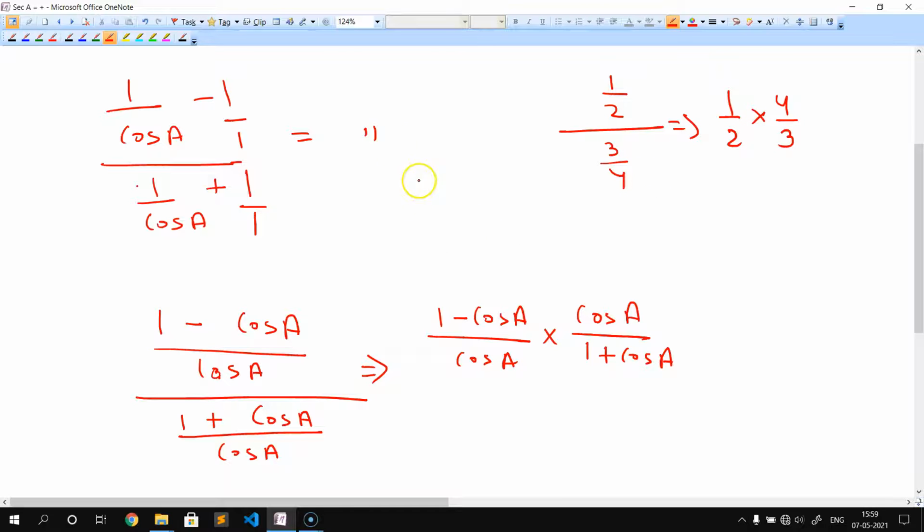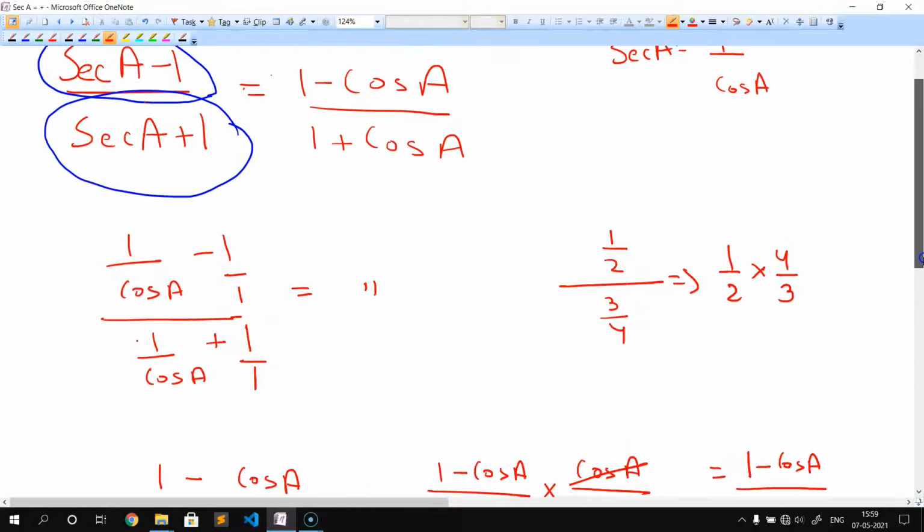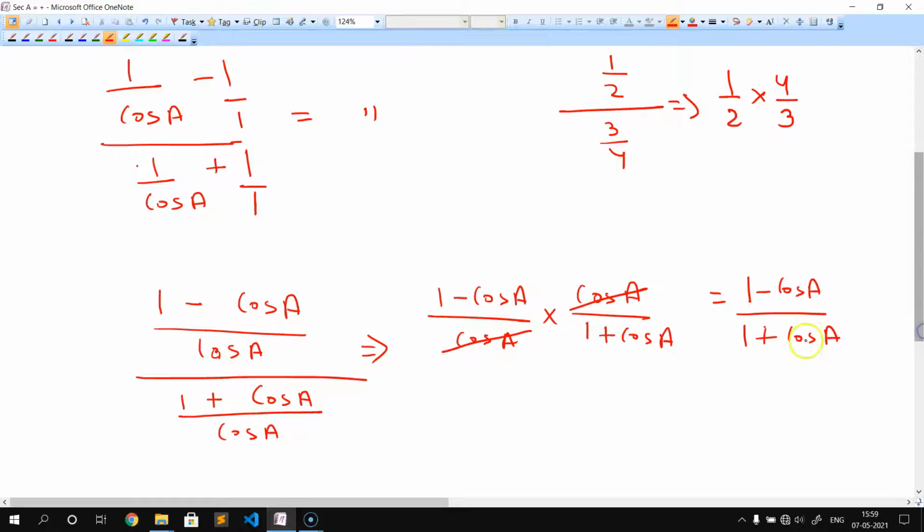That's what we have done here. In this we can see the numerator has a cos a and the denominator has a cos a, so they will be cancelled, and our equation will be equals to (1 minus cos a) upon (1 plus cos a). So I think that's what we have to prove in our question. Hence proved.